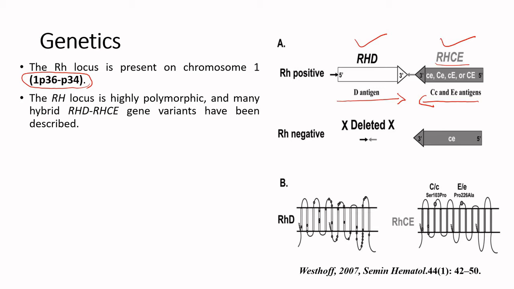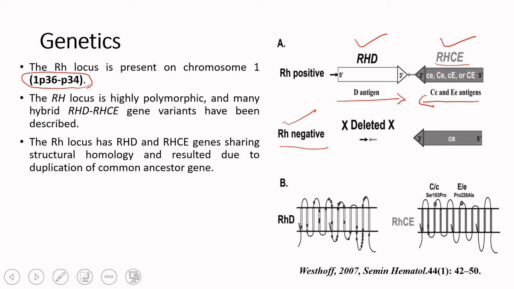In the Rh negative case, the RHD is deleted. Most Rh negative phenotypes will have the RHD gene deleted, or in humans sometimes it is silent. Though it is not deleted, it is present in a silent form, so it will not be expressed.